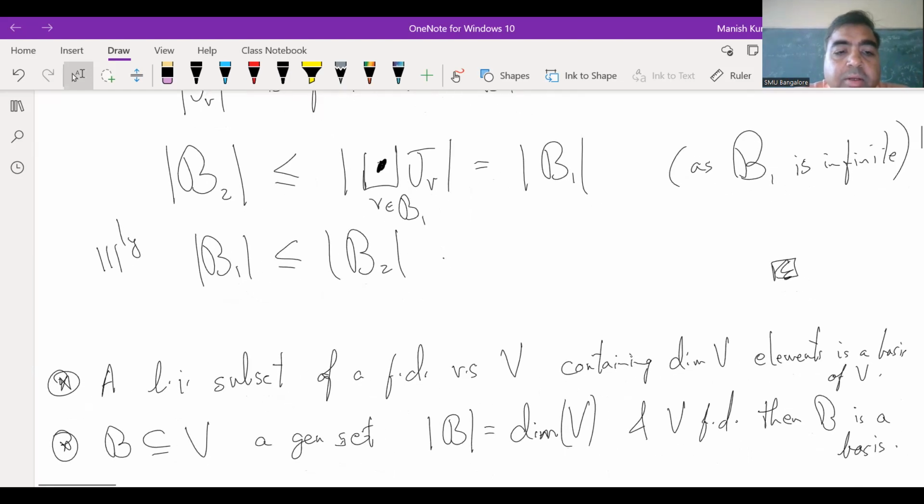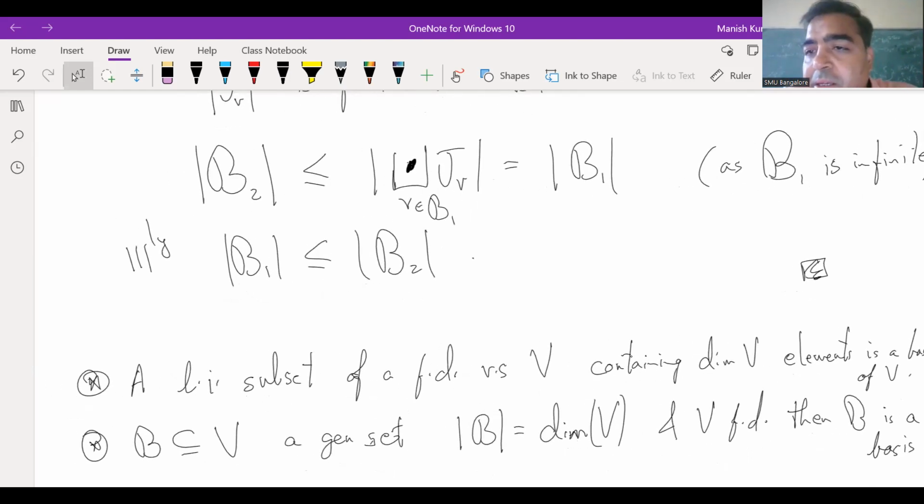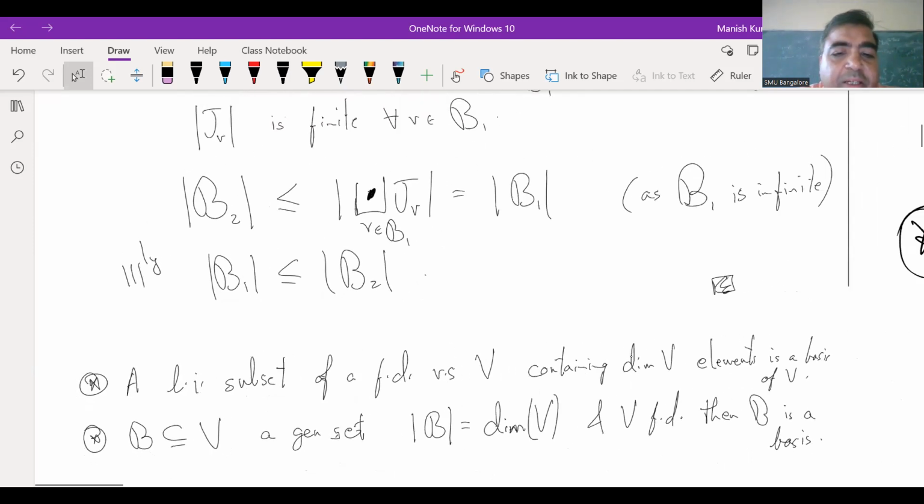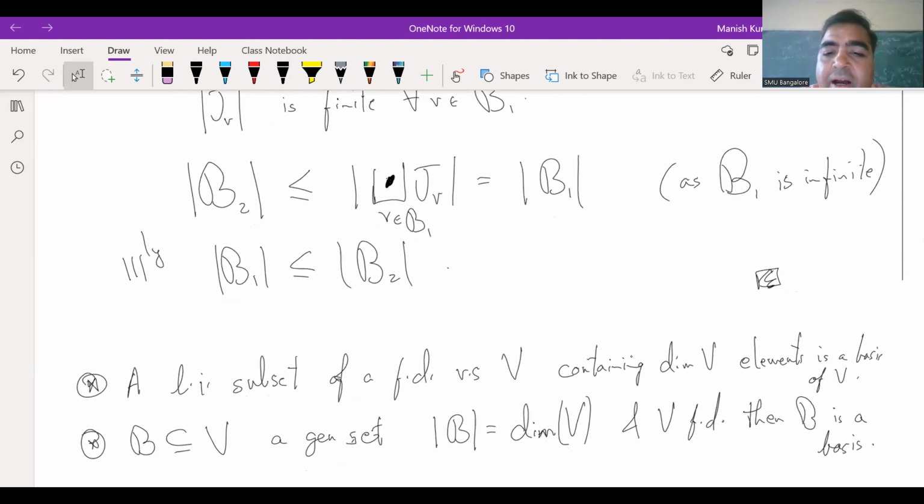Now remember, dimension is the cardinality of a basis. But if it is infinite, we don't really want to worry about different cardinalities. So now we will assume the vector space is finitely generated, and we will work with finite numbers.